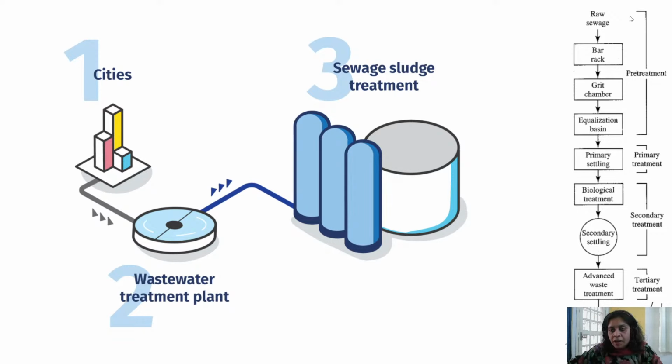On the right hand side, I have a flow diagram which indicates when the raw sewage generates, it goes through some of the bar racks, grid chambers, and equalization basin, which is the pre-treatment phase, where the macroscopic impurities are eliminated.